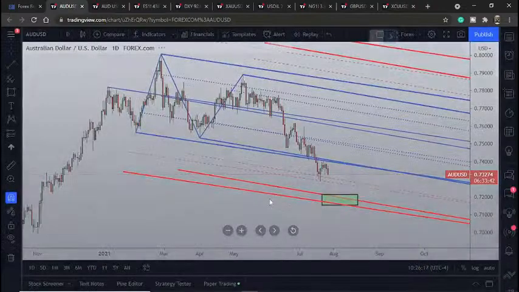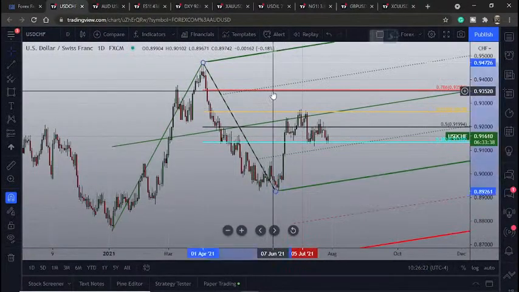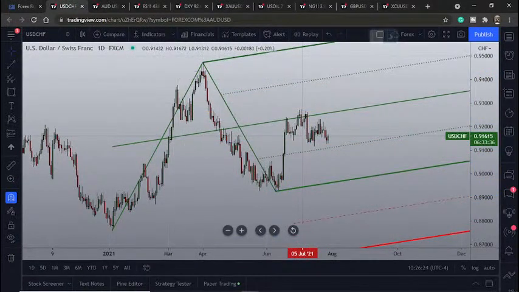Let's have a look at that. See guys, I do have market geometry going on here. Let me just see if I have this on my, what was it, a US dollar Swiss franc, right? Yeah. Same thing.